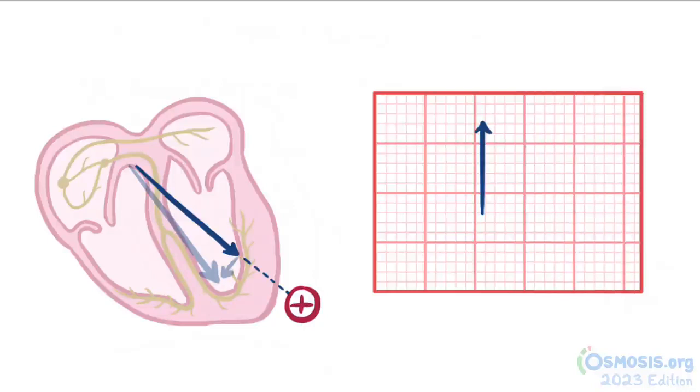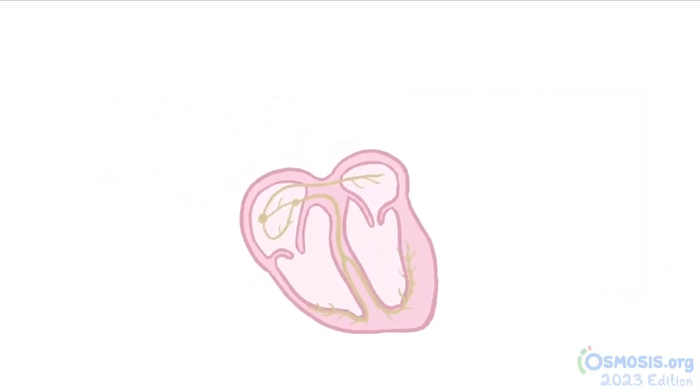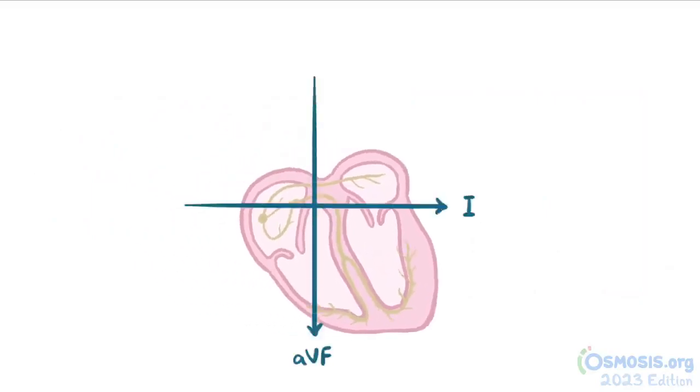And therefore, when you plot these vectors over the course of a ventricular depolarization, you end up with the QRS complex. So to figure out the direction of the axis in the frontal plane, we can start by looking at lead 1 and aVF. Lead 1 moves from right to left across the heart, so anything pointing to the left will be positive in lead 1.